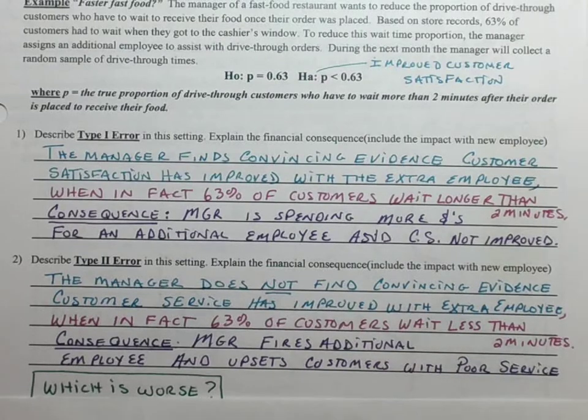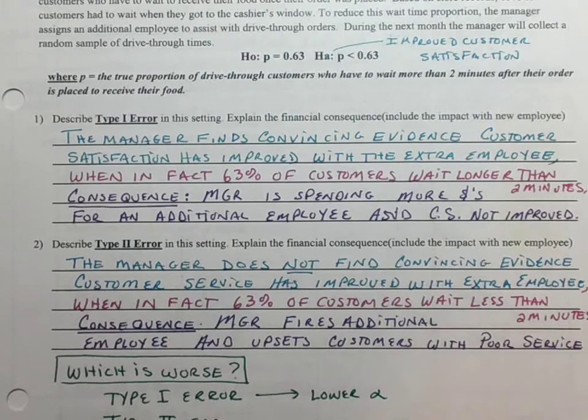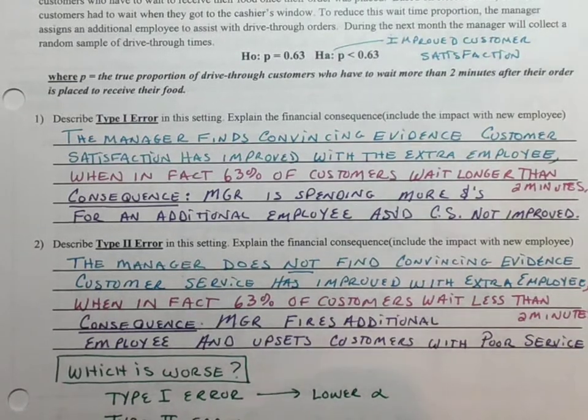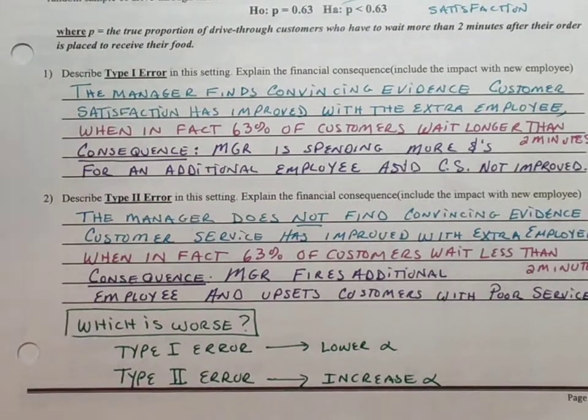Now, which is a worse error? And that's all based on perspective. So if you think a type 1 error is worse, then you lower alpha. If you think a type 2 error is worse, you increase alpha. Now, let me make a point here.